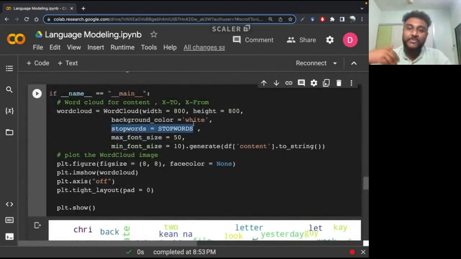So it will get rid of the most obvious ones. So the most obvious ones are going to be the and stuff like that, right? The good thing is word cloud allows us to tell it to not print the stop words because this is going to be obvious. We want to see what are the most frequently occurring meaningful words in our corpus, right? So it's important to sort of give stop words equal to stop words over here. So that is the only thing you need to remember when using this.